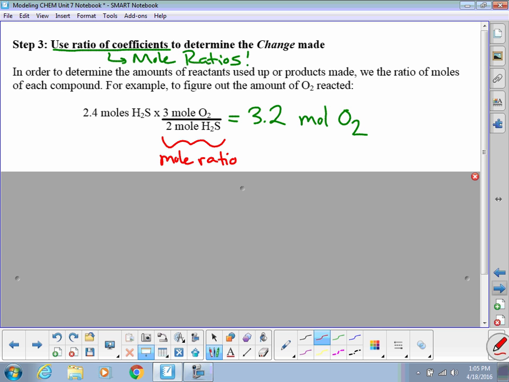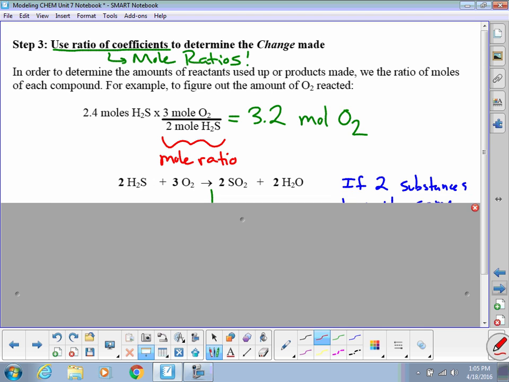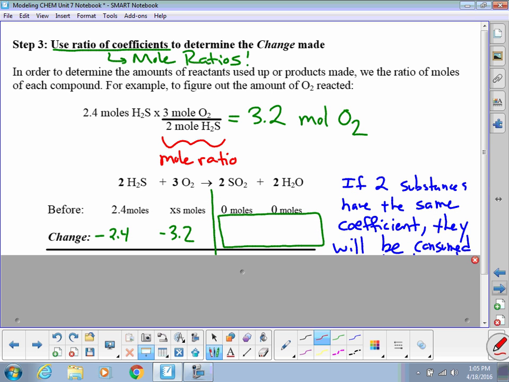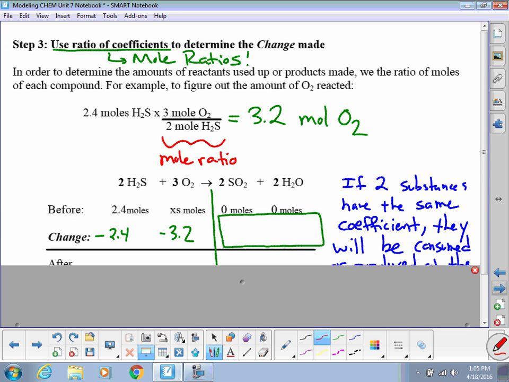And using that, 2.4 times 3 moles of O2 divided by 2 moles of H2S leaves me with 3.6 moles of oxygen. And so I can bring that down and fill in that information.